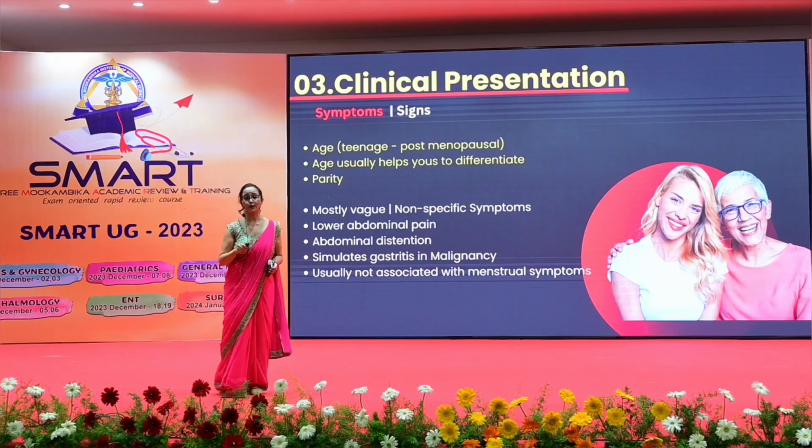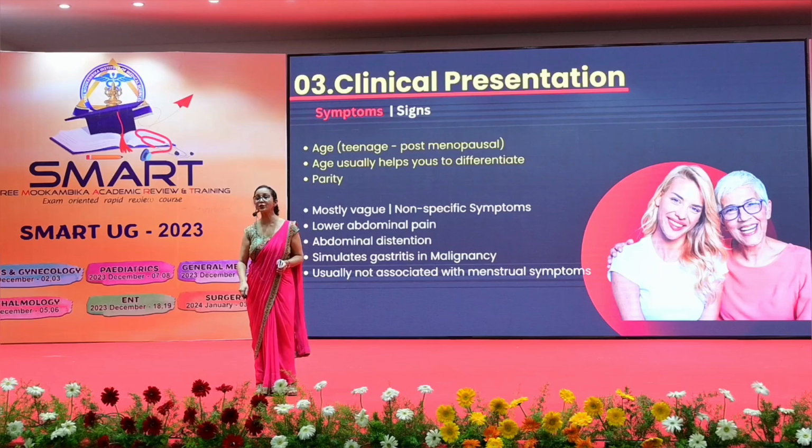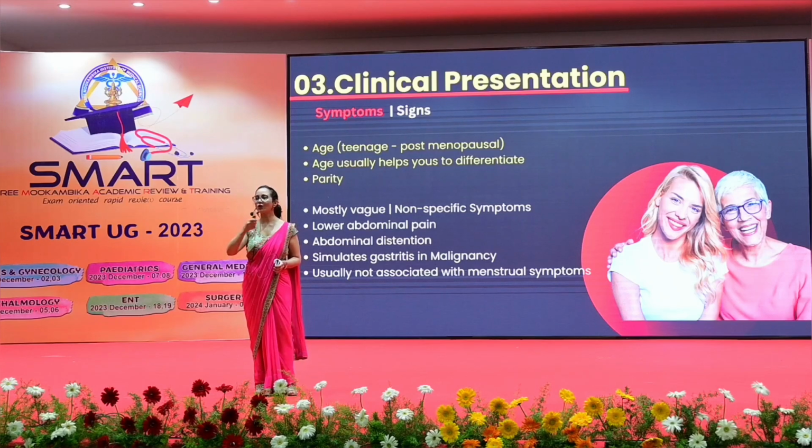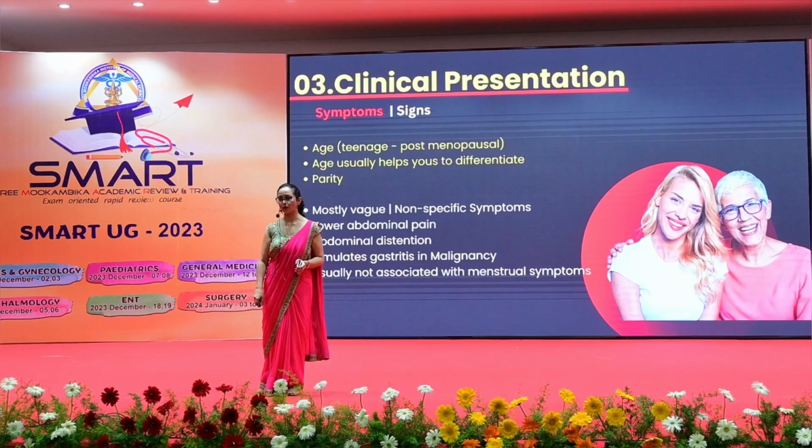For undergraduates, what I teach is that even if somebody wakes you up in the middle of the night and asks which menstrual abnormality you will have in ovarian cyst, the answer is that ovarian tumors or cysts usually do not present with menstrual abnormalities.